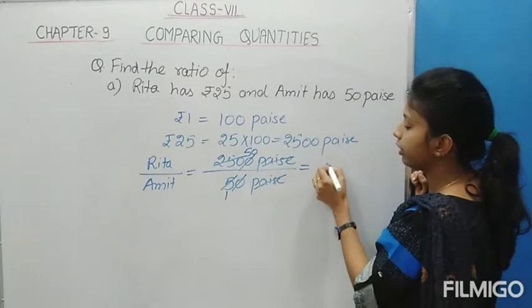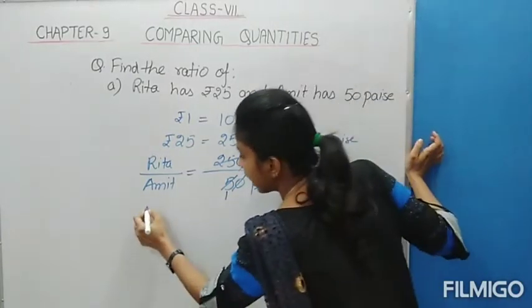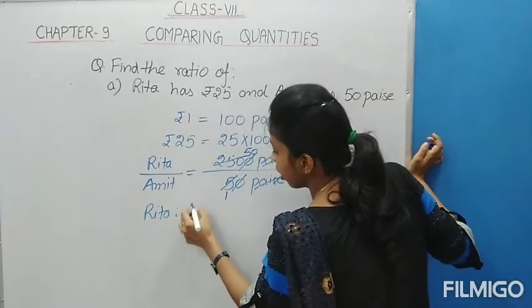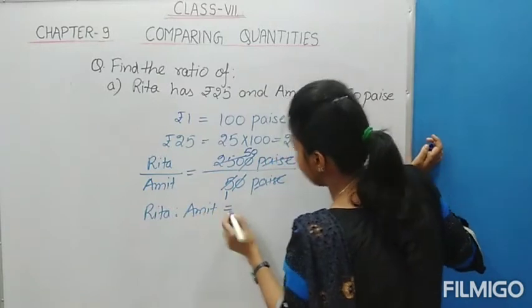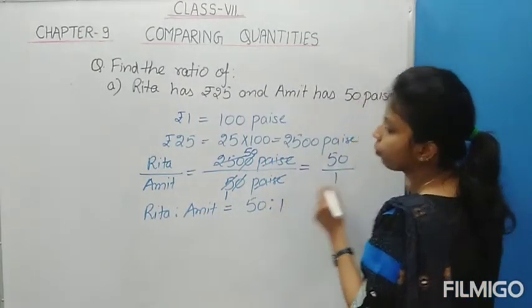So what do we get as a ratio? 50 divided by 1. So Rita's money to Amit's money is 50:1.